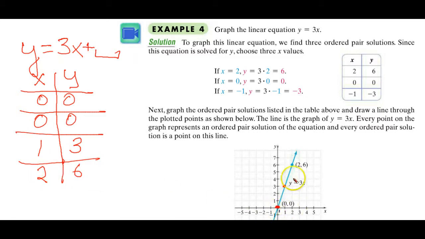So we'd go over 2, up 6. And there's our straight line. And there's our T-chart with some background. It's a special case where there is no other value out here.